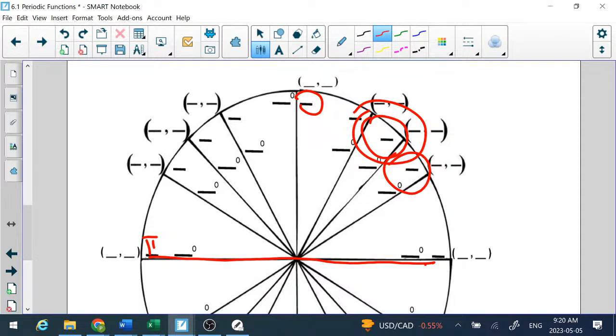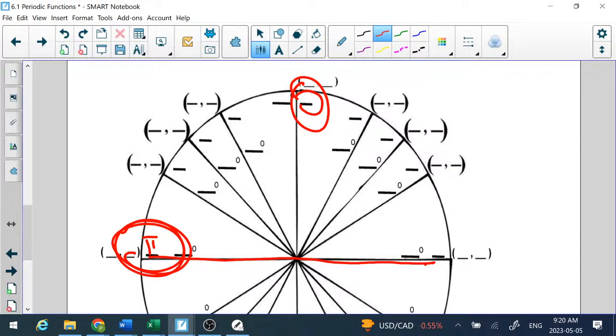Because what I did is I didn't divide my pi over 4 by 2. I take this and I divide it into 6 equal slices. 1, 2, 3, 4, 5, 6 slices. You understand what I'm saying? So that's why this one is pi over 6. Y'all get it? That's pi over 6.